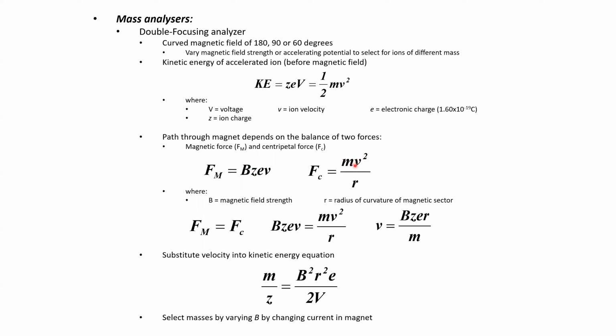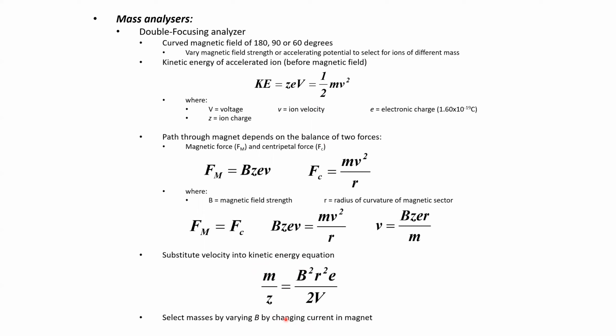This is going to be the mass times the velocity squared over r, which is the radius of the curvature of the magnetic sector. Then, of course, Fm is equal to Fc, so we can substitute these 2 equations into each other, and we can get a new expression for velocity. And then if we substitute the velocity into the kinetic energy equation up here, we get a new form of the equations here.